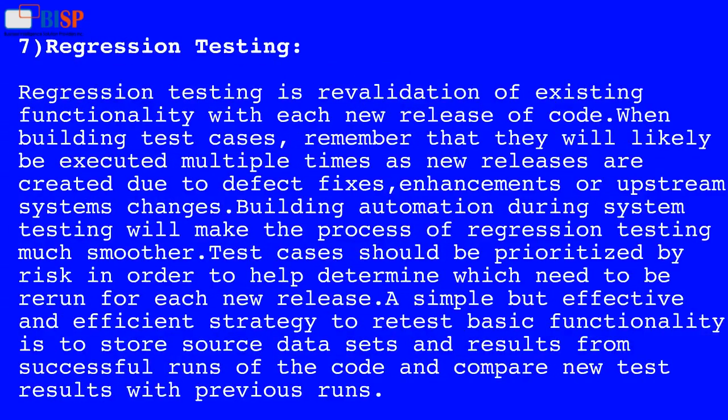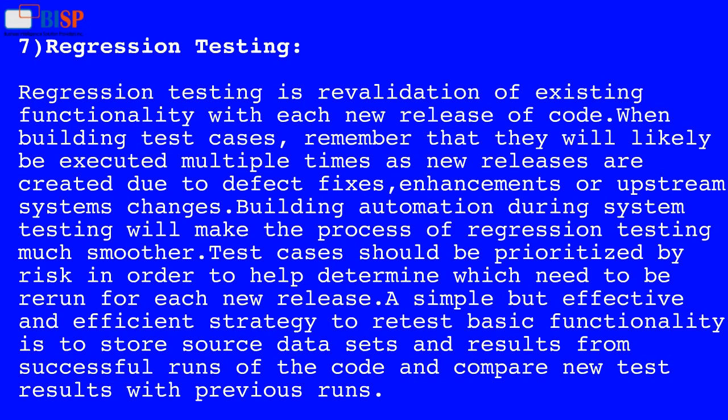7. Regression testing. Regression testing is revalidation of existing functionality with each new release of code. When building test cases, remember that they will likely be executed multiple times as new releases are created due to defect fixes, enhancements, or upstream system changes.